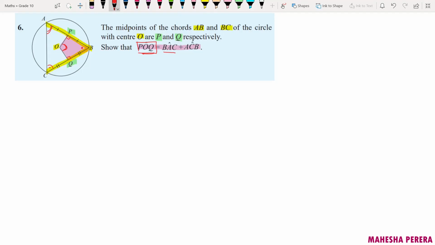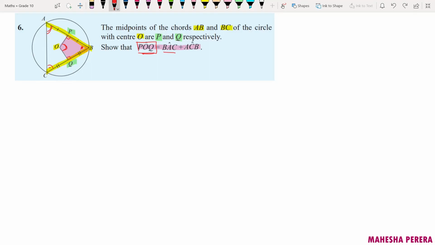This angle is common to the quadrilateral as well as this triangle. Let's build up two equations, and by solving these two equations, let's prove this. When you apply the interior angle theorem to this triangle, you can form one equation.